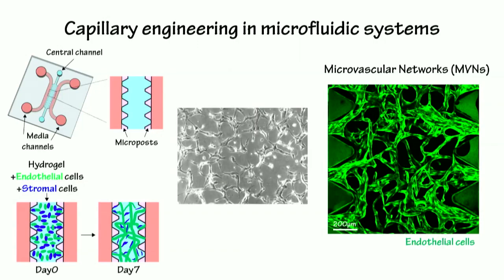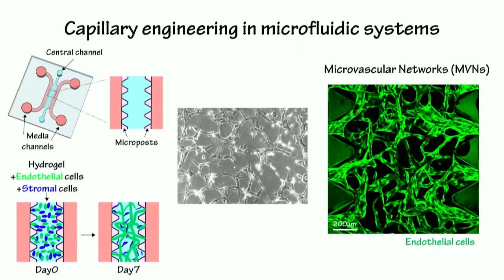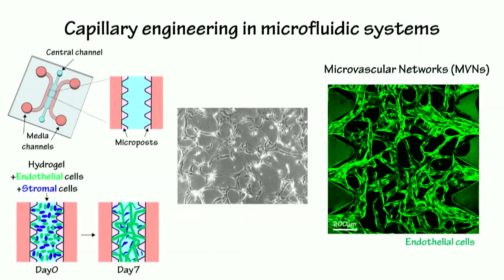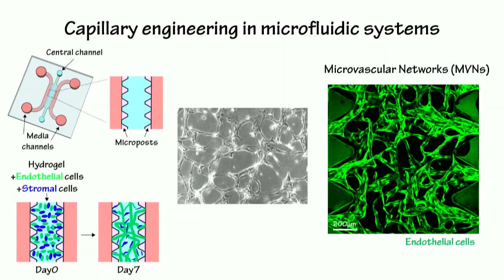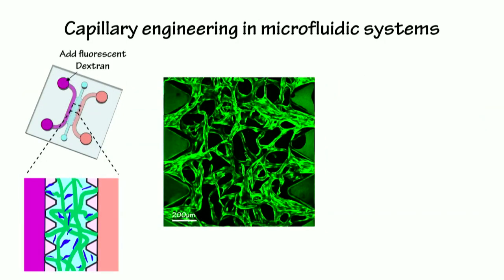As I mentioned, the capillary has one feature: it is perfusable. But in our in vitro system, how do we detect perfusability of the networks? We can add fluorescent dextran into one media channel. If the networks shown here are perfusable, then the fluorescent dextran will flow through the microvascular networks and go to the right side media channel.